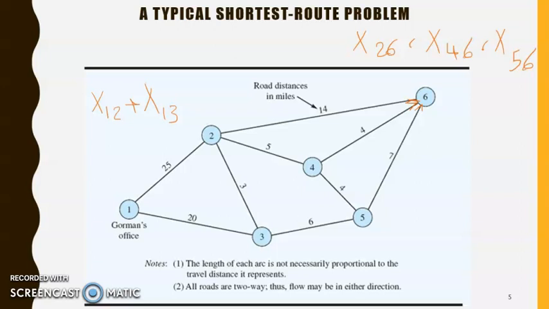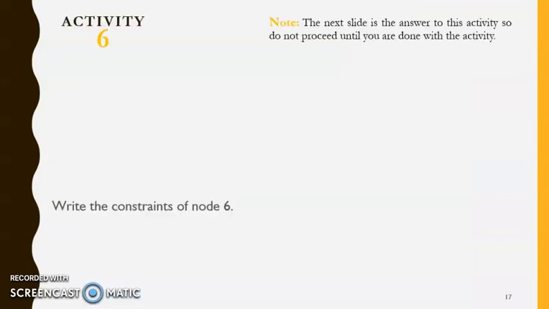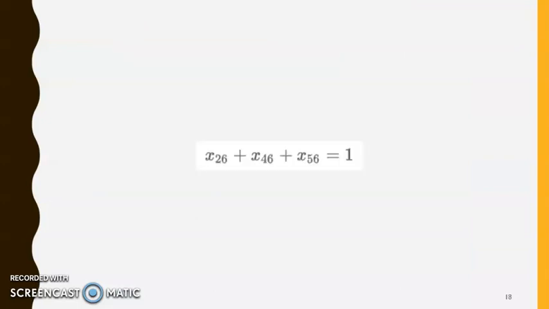So with this hint that I just gave you, try your best to write the constraint. Pause the video and write it. The constraint is this. The summation of the three variables x26, x46, and x56 must be equal to 1.